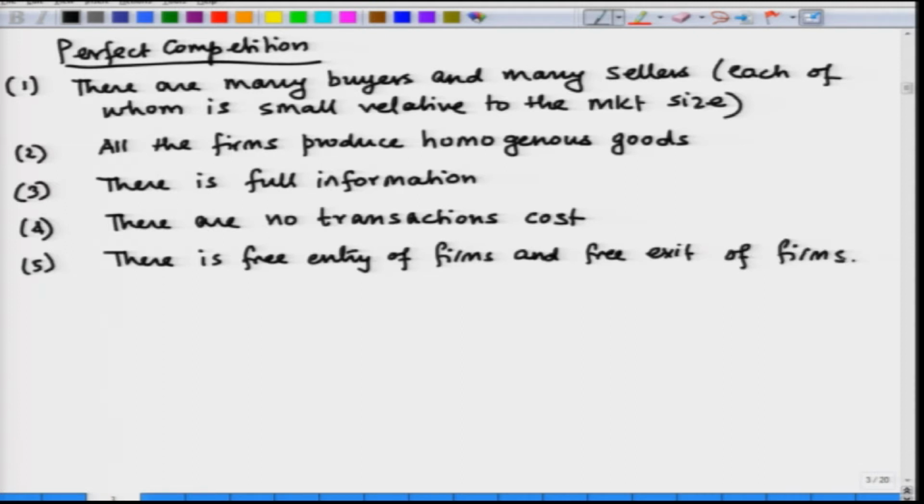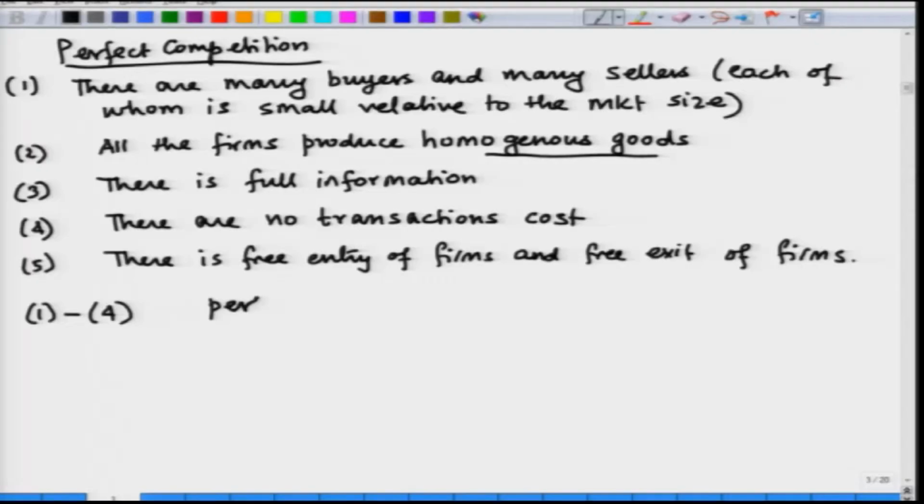So, let us focus on the first 4 assumptions. Taken together, these 4 assumptions basically imply that every single firm in this market is a price taker. Why is that so? The fact that there are many sellers, each of whom produce a homogeneous good, essentially tells us that as far as the consumers are concerned, they view the products sold by the firms as perfect substitutes.